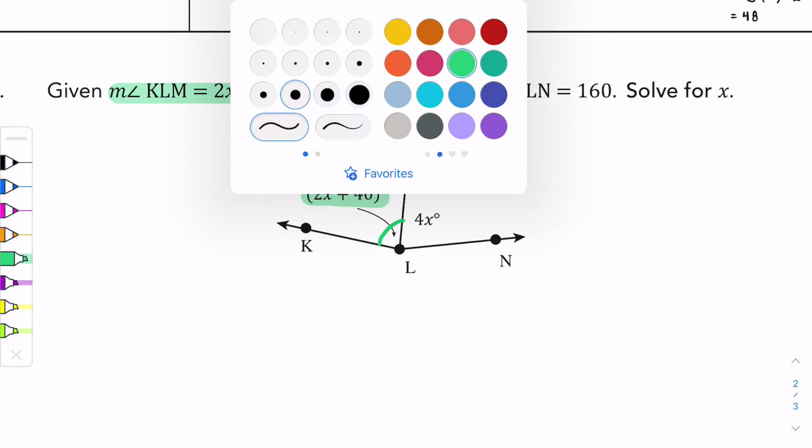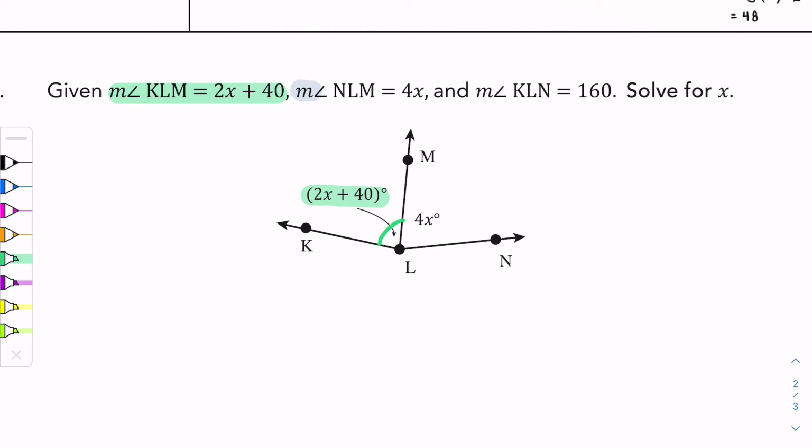It is given to us that the measure of angle NLM is 4x. That would be this angle here. And it's also given to us that our total angle measure of KLN is 160 degrees. We are asked to solve for x.